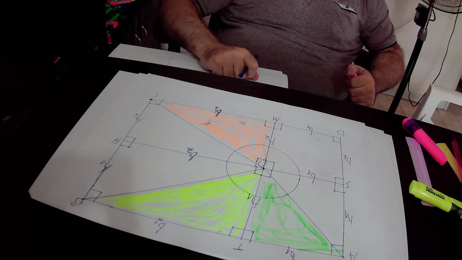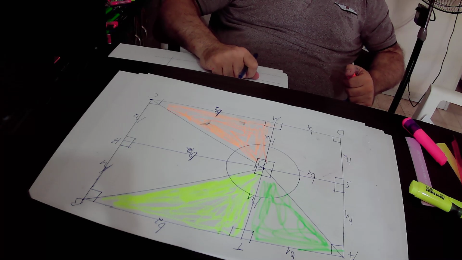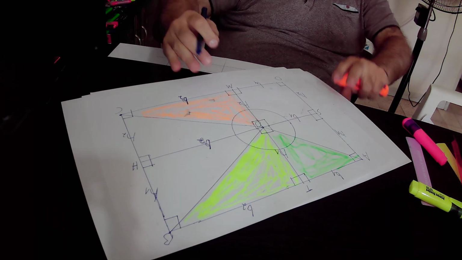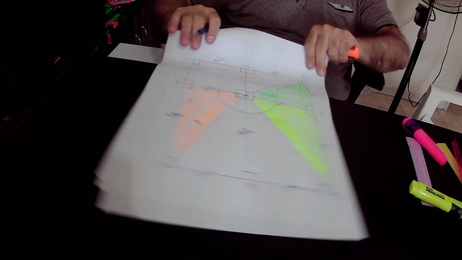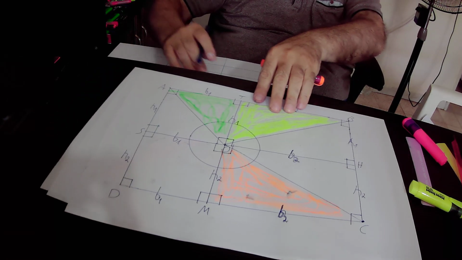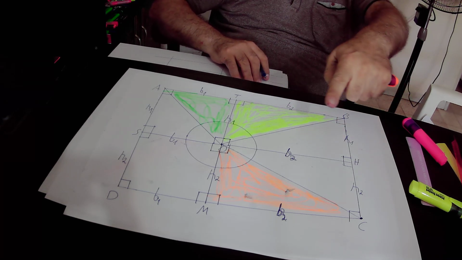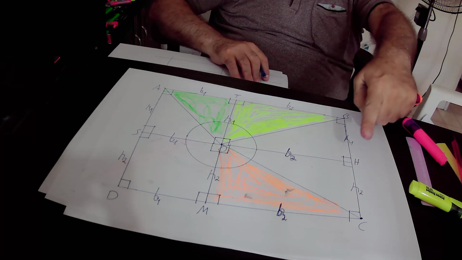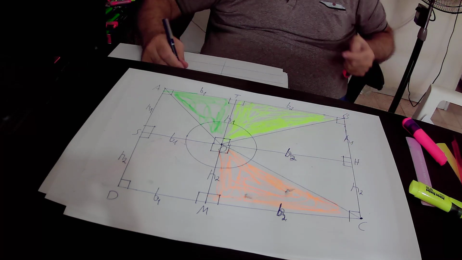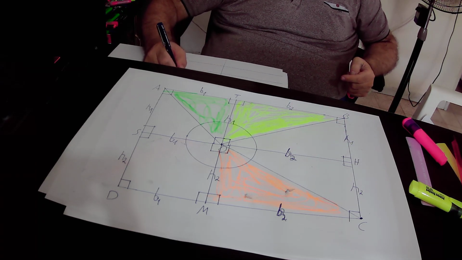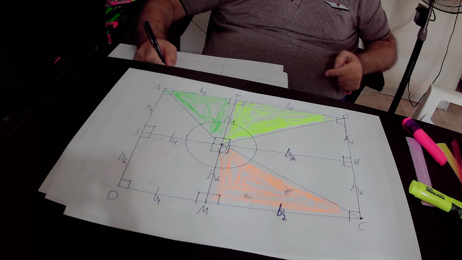So, in the orange triangle OMC, according to the Pythagoras theorem, CO square equals B2 square plus H2 square.